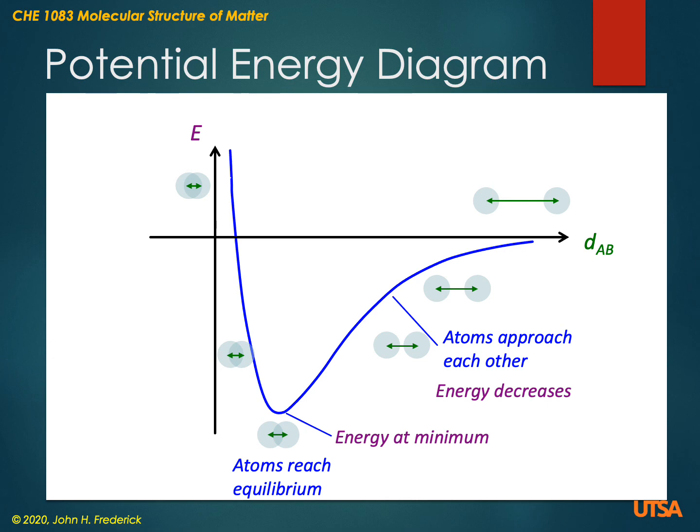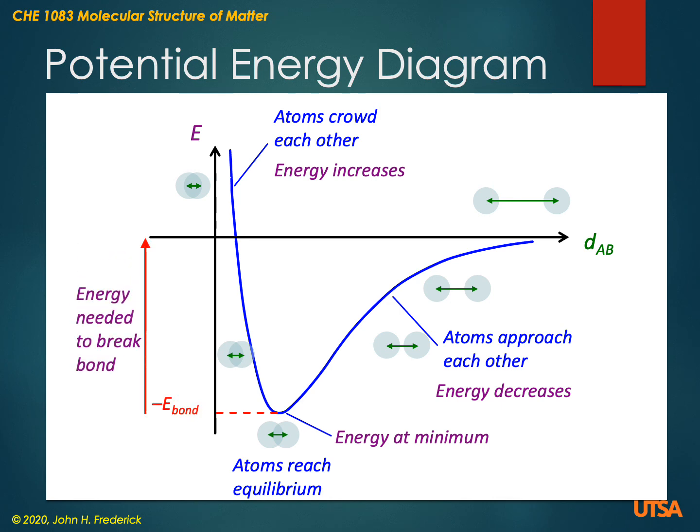So this is essentially what the potential energy curve looks like when two atoms are coming together to form a bond. And there are several things that we can get from this diagram that tell us something about the bond that is formed. First of all, the bottom of that curve tells us about the energy of the bond. The amount of energy it takes to go from the bottom of that curve up to the 0 point, where the energy is the same as the atoms separated, is the energy of the bond.